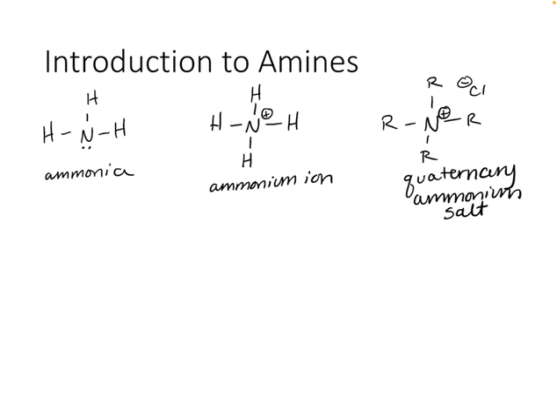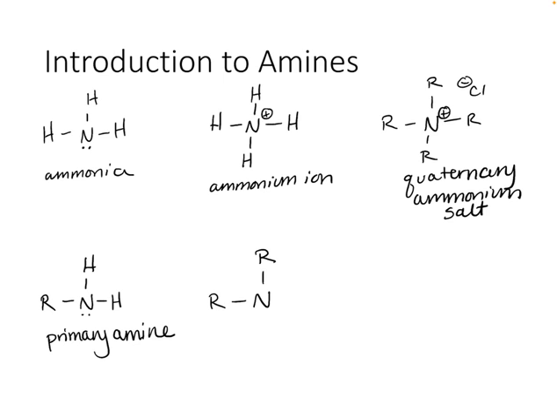All right, so this brings us to primary, secondary, and tertiary amines. So primary amines are bonded to one alkyl group and then two hydrogens. A secondary amine is bonded to two alkyl groups and one hydrogen.